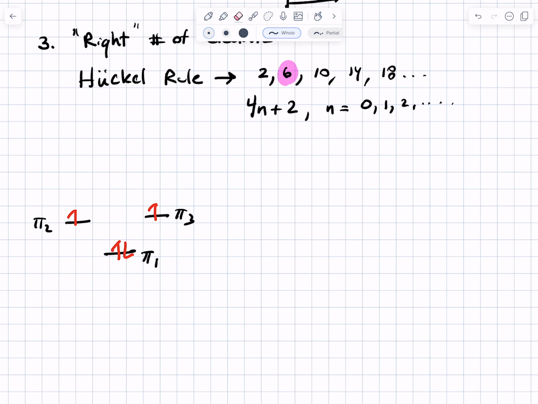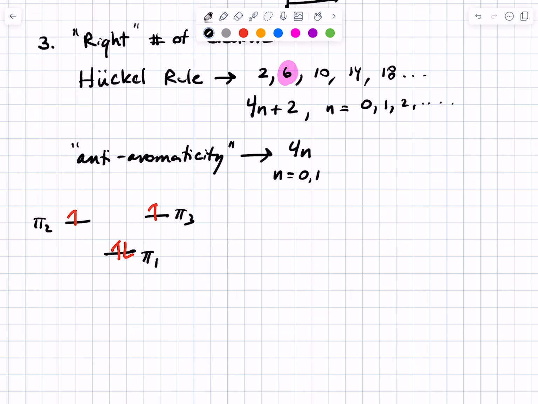So Hückel also has a rule for recognizing what are called anti-aromatic compounds. These are compounds that are less stable than you would predict for a conjugated cyclic molecule, and the way you recognize them is they have 4n electrons, where n is again an integer starting with 0 and going up.